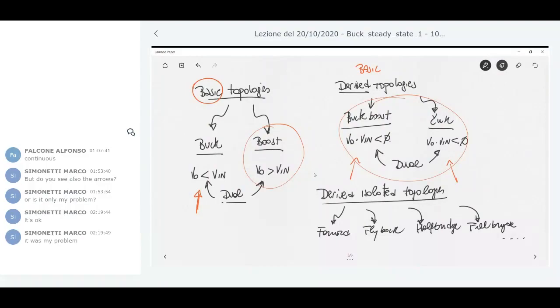Okay, so this includes some sort of isolation, so a transformer inside it. Even these isolated topologies cannot be constructed by using a linear voltage regulator.